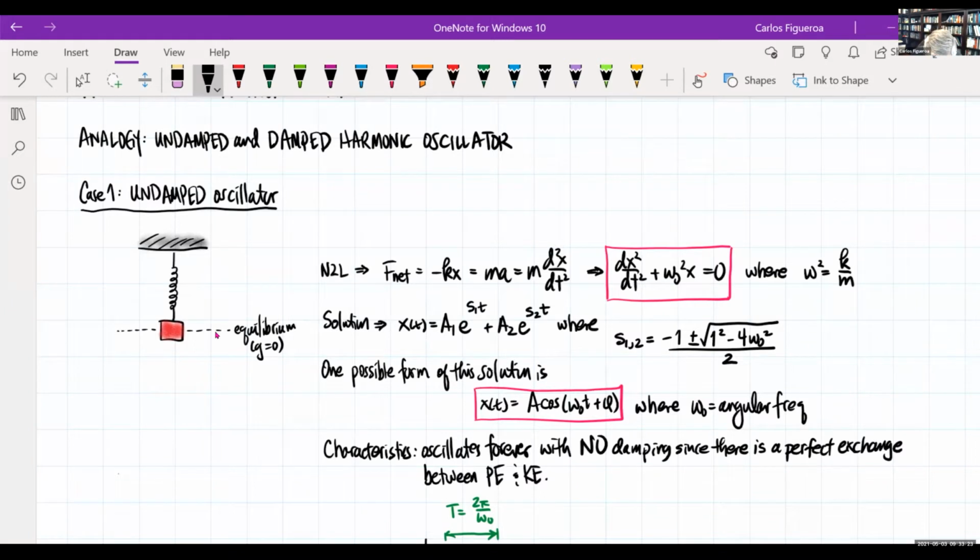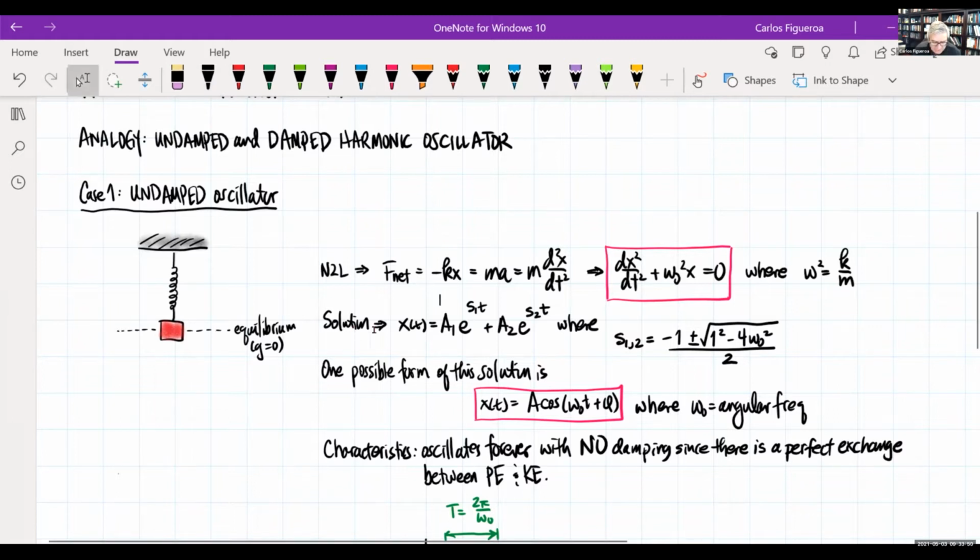And what you find here is a solution that kind of looks like this. This is really the quadratic equation applied to this differential equation. So you could modify this solution where instead of having A1 and A2, you could get A and a phase constant. And then that's the solution right there.